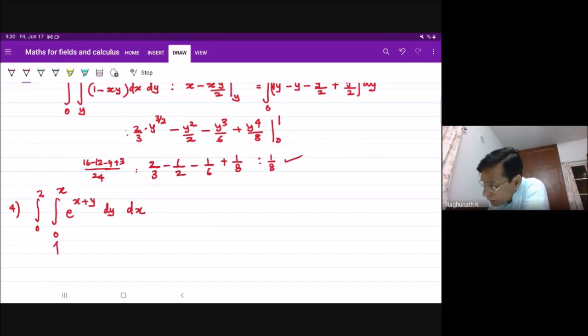The order of the limits is important. What is the region of integration? These are y limits for sure. These are x limits. X is equal to 0, y axis. X is equal to 2.